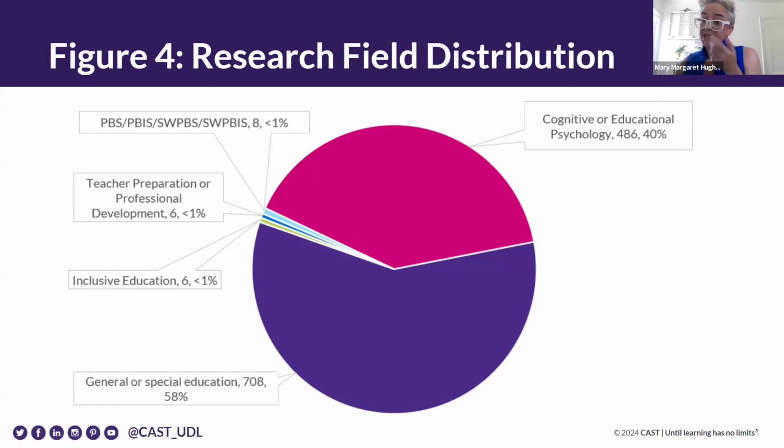Which field it fell into was based on the journal, the audience, keywords that came up, frameworks that they used, theories that they used, citations that were used, research questions that were asked, and the way that participants and settings were reported in the research.